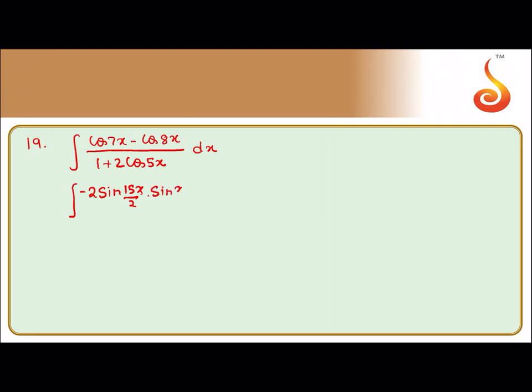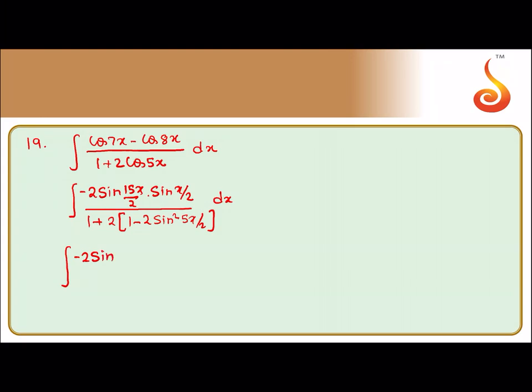First of all, as you observe, you will try to convert into half angle: 2 sine 15x by 2 into sine x by 2, divided by 1 plus 2 into (1 minus 2 sine square 5x by 2). Why did we do it like this? You'll understand in the next step.